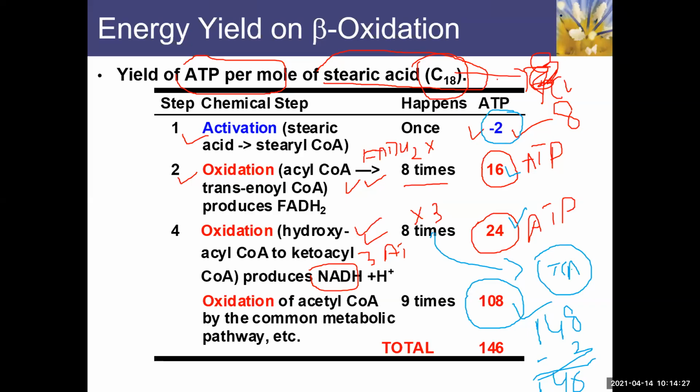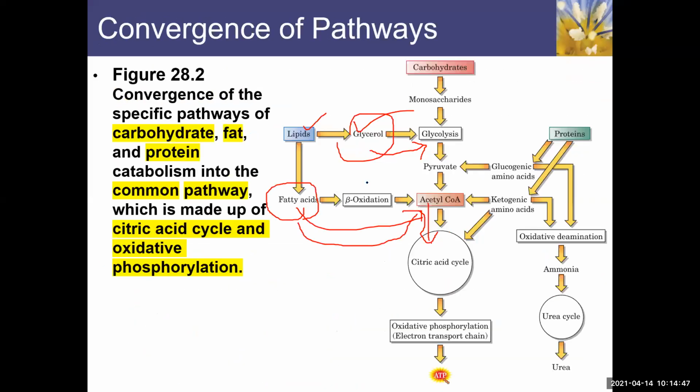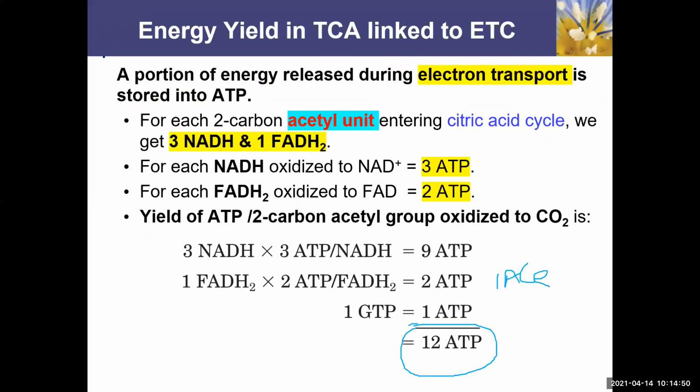Yes, Tanya, I will explain that. For that you have to remember from the last chapter, which was the homework as well, that one acetyl CoA molecule enters into the TCA cycle and combines with oxaloacetate and all that.